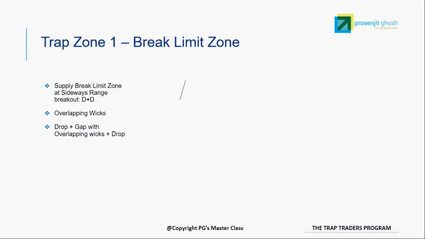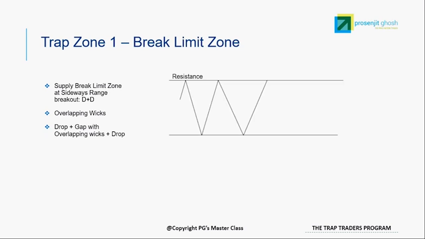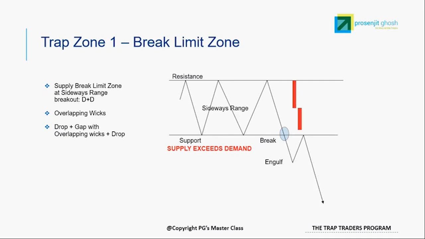Same way, another sideways movement is happening, right? This time the break of the support happens and an engulf happens. So we know supply exceeds demand at this place. When price comes up, we can short here. So how does this look in a candlestick chart?